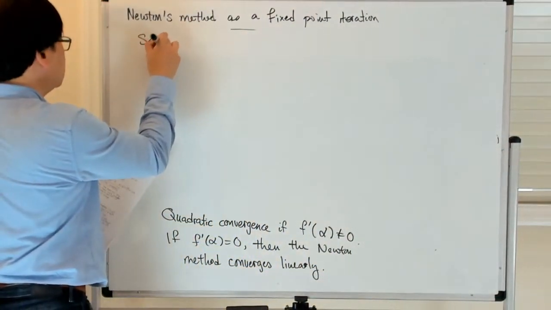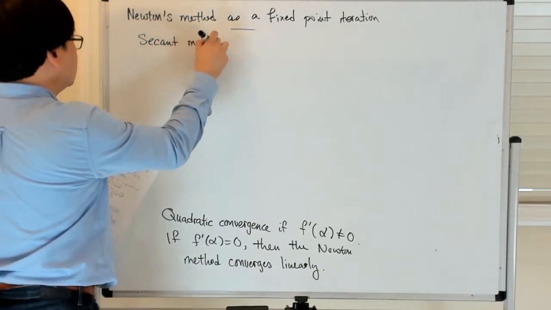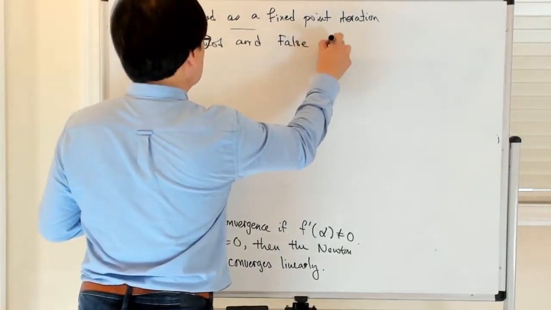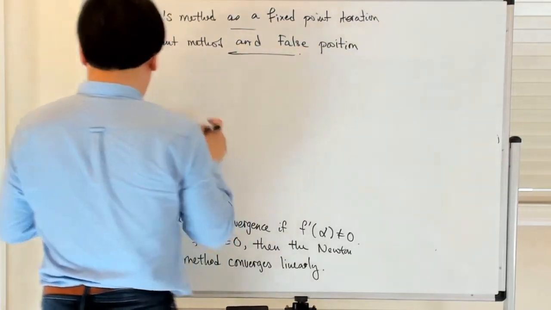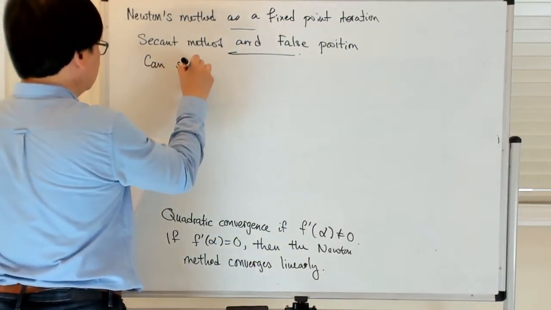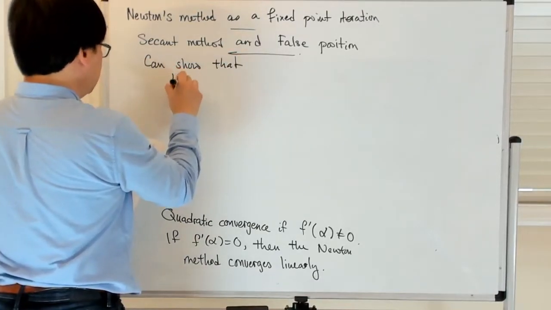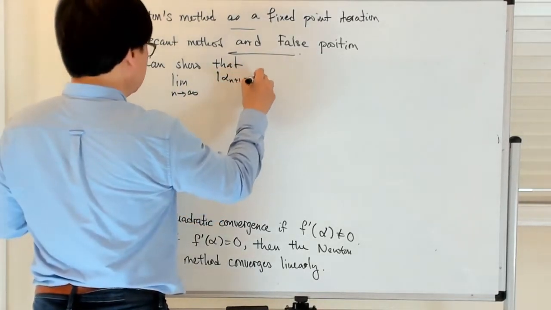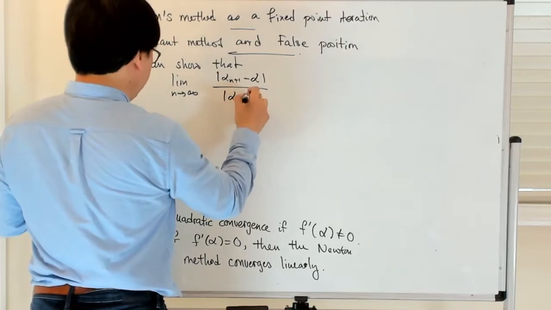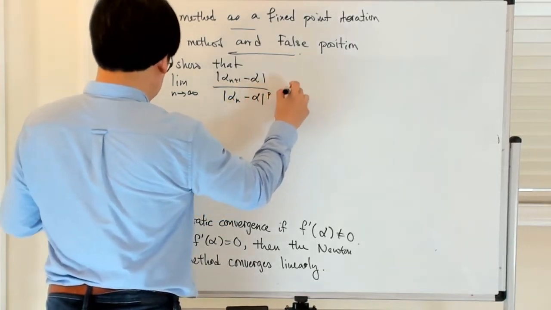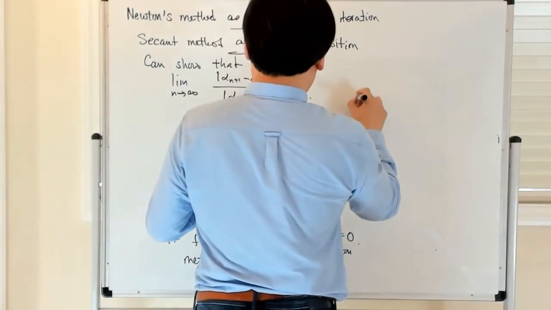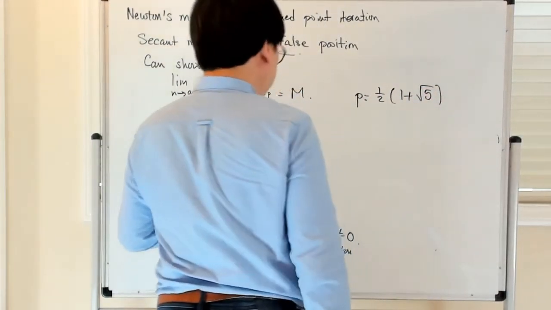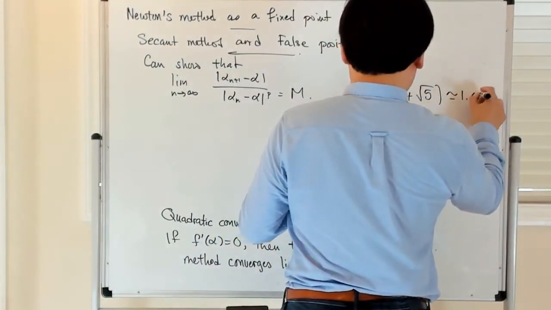You can show that the limit as n tends to infinity of the error at the n plus first stage divided by the error at the nth stage raised to the power p is equal to m, where p is equal to one half times 1 plus square root of 5, which is approximately 1.618.